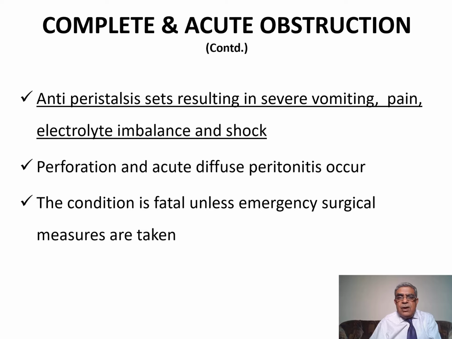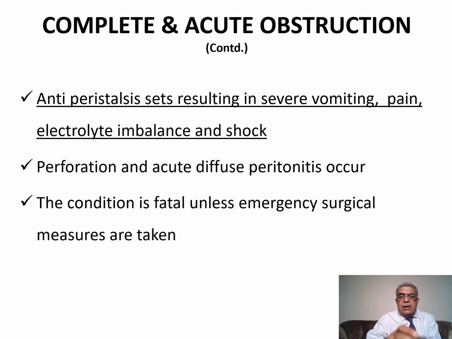But once there is acute and complete obstruction, antiperistalsis sets in, resulting in severe vomiting, pain, electrolyte imbalance, and shock. Now, as I discussed with you, there is dilatation and stretching of the intestinal wall, resulting in thinning of the wall of the intestine.